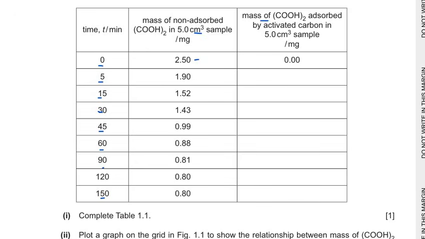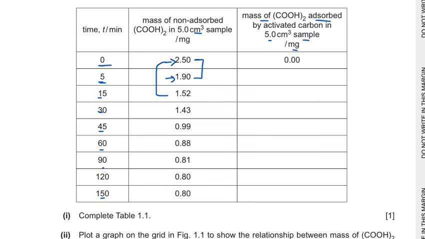Now the mass of the ethane dioic compound adsorbed by activated carbon in the 5 centimeter cube sample in milligrams. Now if we want to find out adsorbed, then at 0 time this was the mass non-adsorbed. Now if after 5 minutes the non-adsorbed is this one, then the adsorbed is found by subtracting these two.